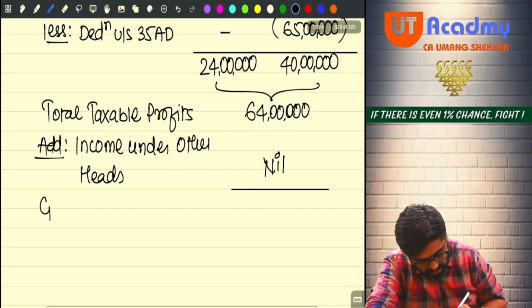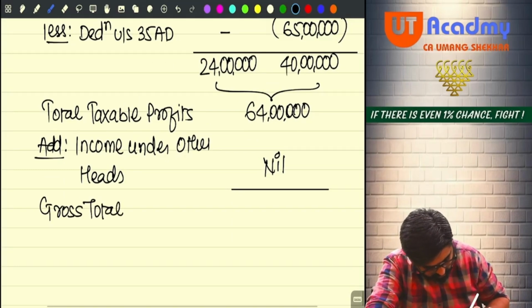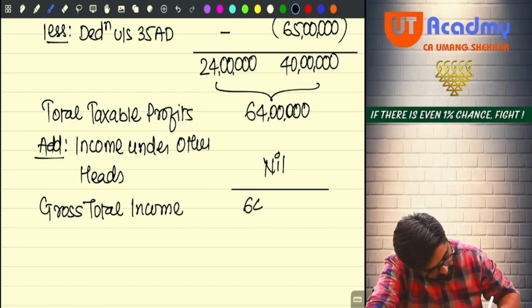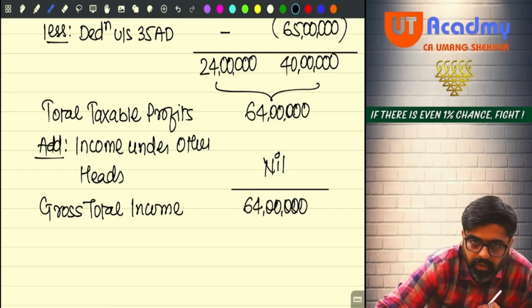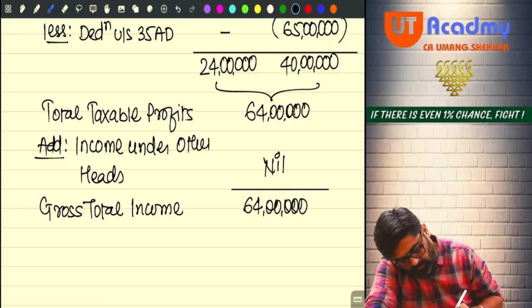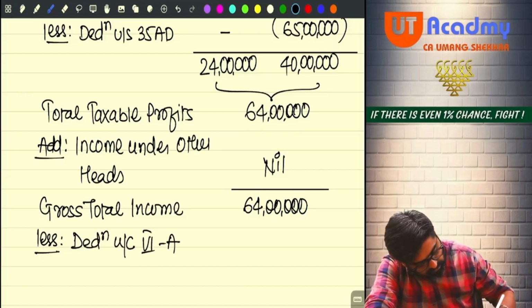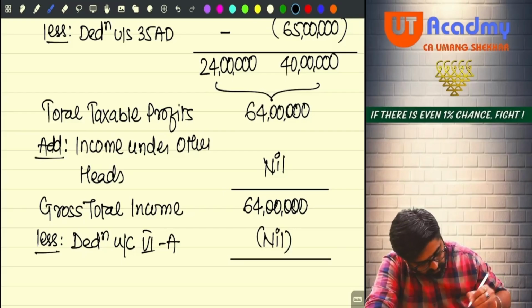So my gross total income will be 64 lakhs only. Now out of this, less deductions under chapter 6A. There were no deductions also under chapter 6A.